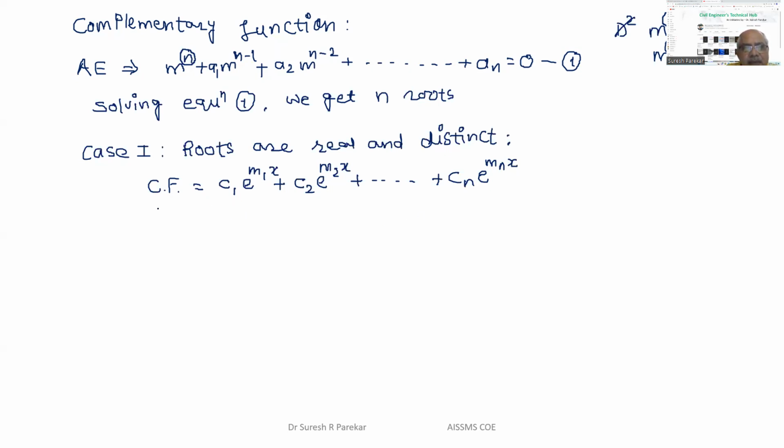So we will get this complementary function when the roots are real and distinct.